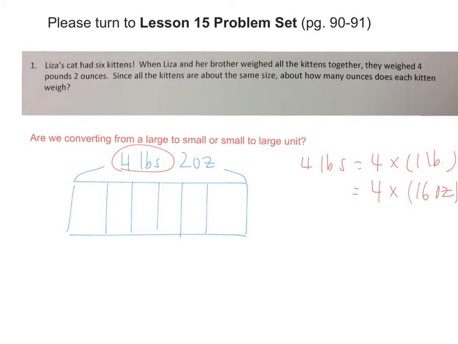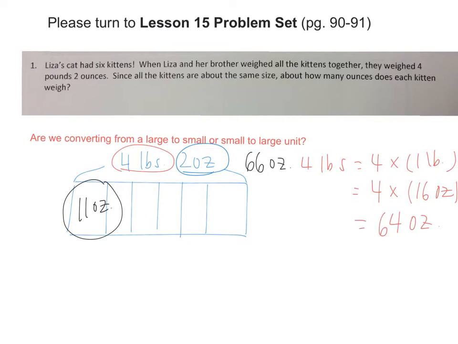Okay, so we can find out that that means that 4 times 16 is, everyone? 64. 64 ounces. Now, is that our total ounces? No. We need to add the 2. So how many ounces do I have all together? 66 ounces. And in our head, can we divide that by 6? So each kitten weighs 11 ounces.